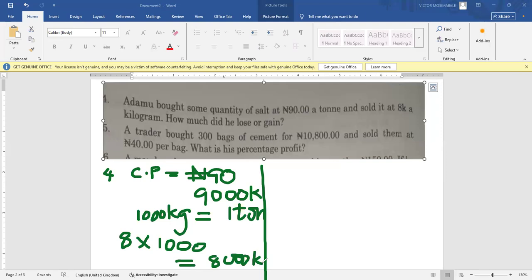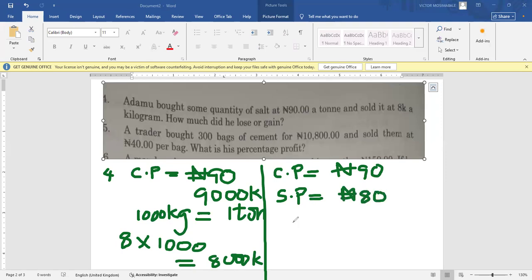Okay, so I think preferably, let me step it down again to naira. So our CP now will be what? 90 naira. Let's leave it at 90 naira still, since we have gotten the equivalent. The selling price is now 80 naira. So now the question is, did he lose or gain?